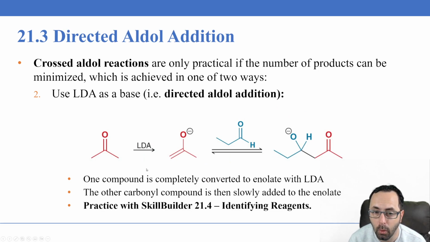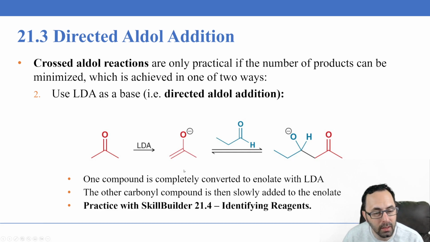Now, for cross aldol reactions, we can minimize the number of products in a different way. We can use LDA as a base, which is referred to as doing a directed aldol addition. One compound is going to be completely converted to the enolate ion with LDA. Then we can follow that up with a step where we do the nucleophilic attack.